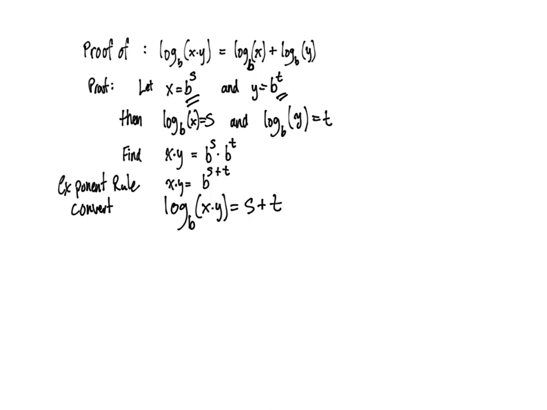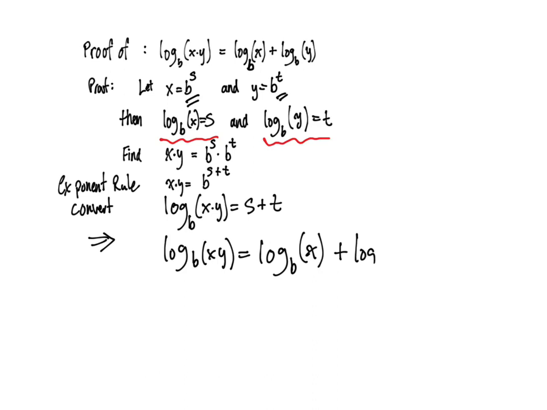That was given right up here. s is log base b of x, and t is log base b of y. So if we replace those, we get log base b of x times y equals log base b of x plus log base b of y, and there's the proof of that rule.